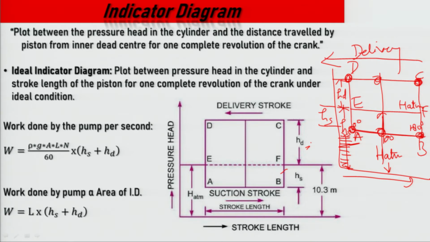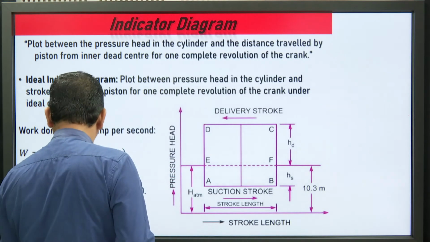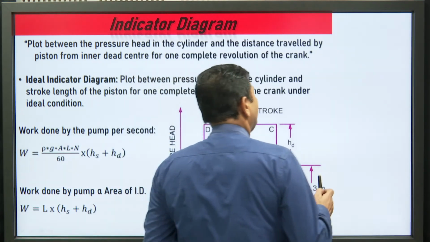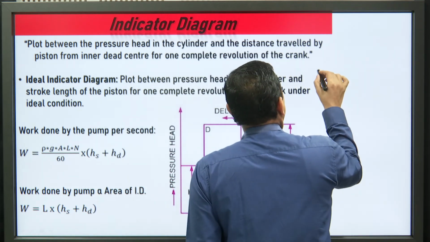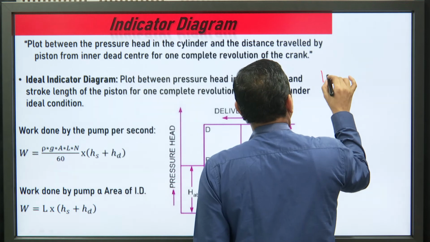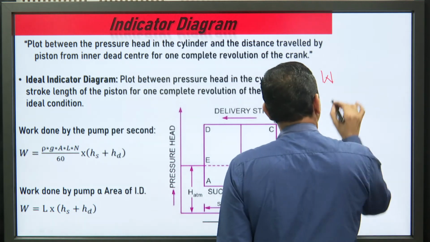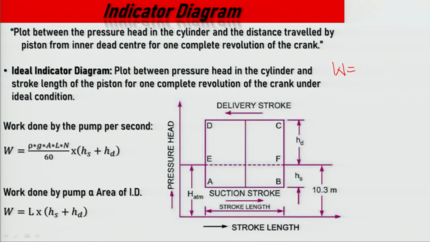If this is the ideal diagram, ultimately we know the work done by the reciprocating pump. Just remember the work done is rho g A L N upon 60 into H s plus H d.